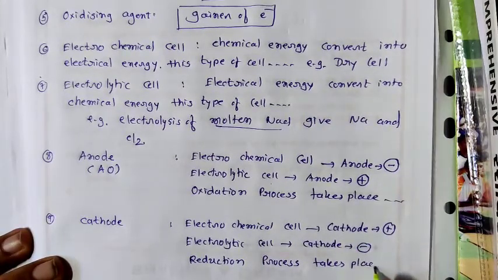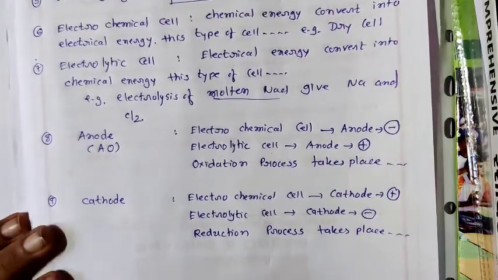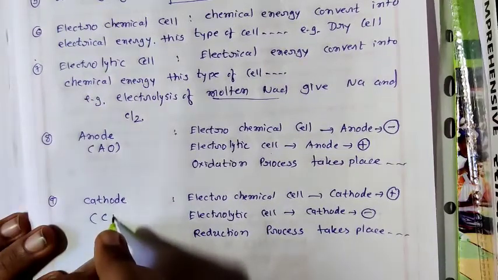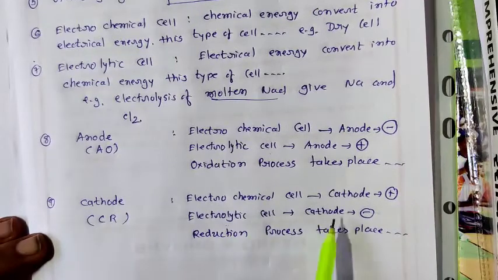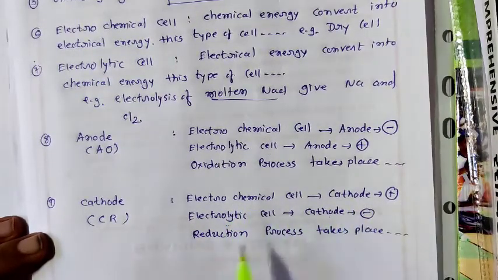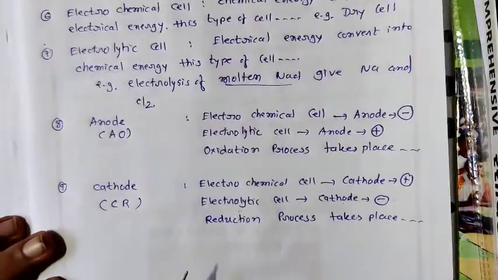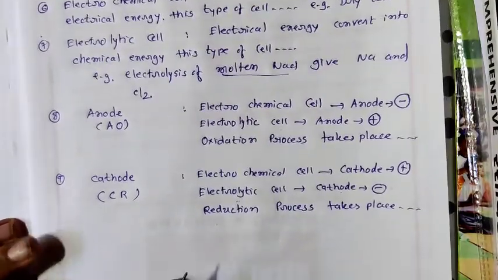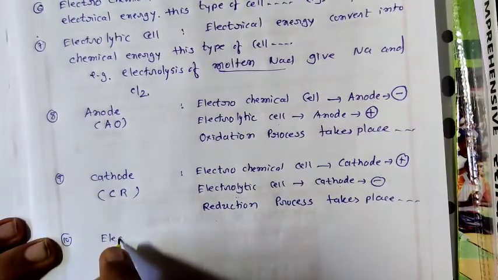Cathode means carry. I think everyone will remember carry. Carry, cathode, reduction. Is it clear to you all? Cathode, carry. Okay. So in an electrolytic cell cathode is negative, in an electrochemical cell cathode is positive, and the reduction process takes place there. But cathode and anode are both electrodes.